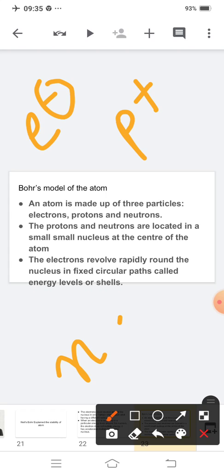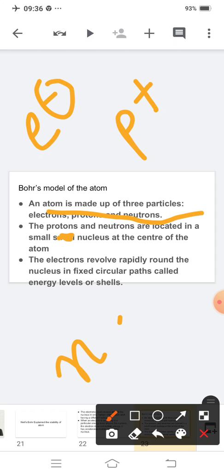The second one, the protons and neutrons are located in a small nucleus at the center of the atom. Clear? The protons and neutrons are located in a small nucleus at the center of the atom.